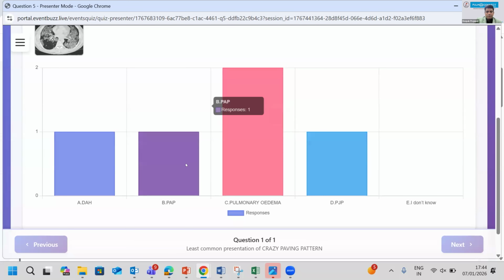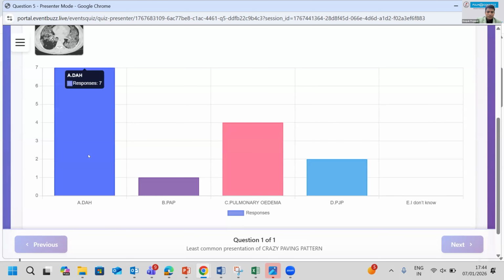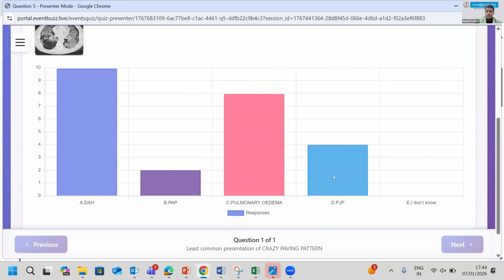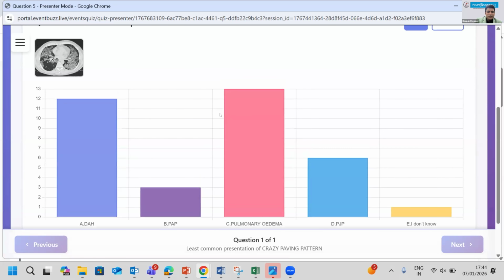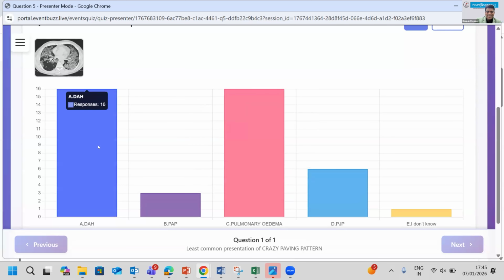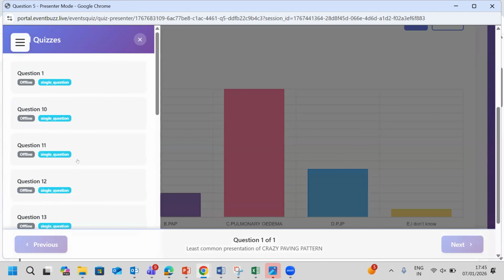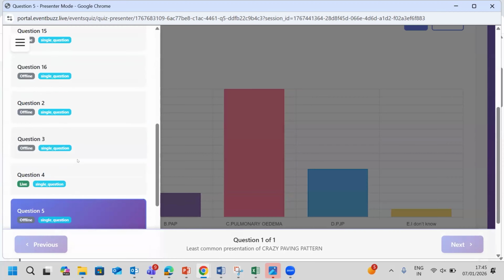The options are diffuse alveolar hemorrhage, PAP, pulmonary edema, PJP pneumonia, or I don't know. So now I think more and more people are voting. Yeah. So, sir, time up. I'm moving to the next one.